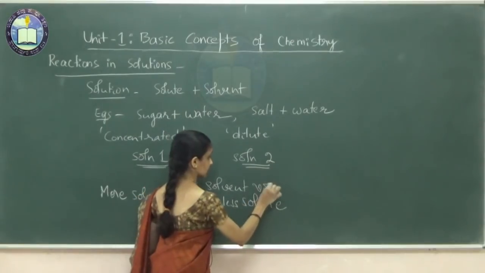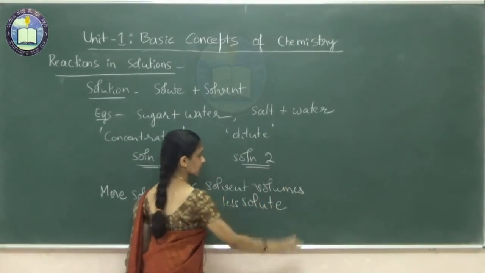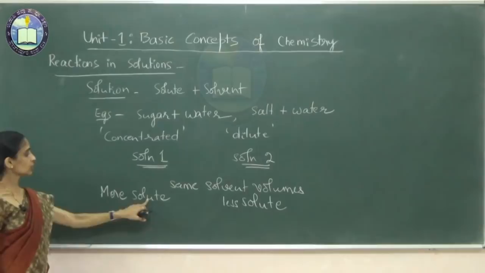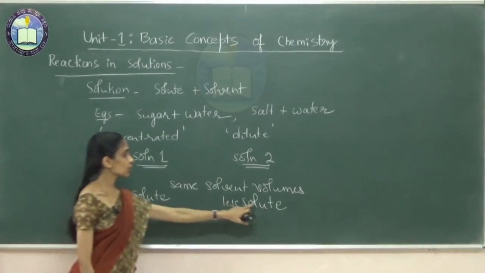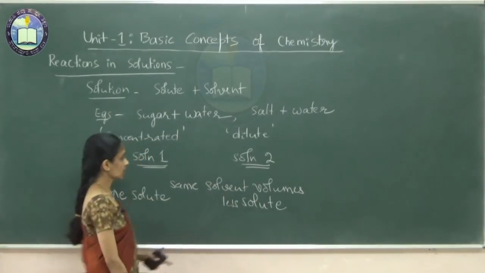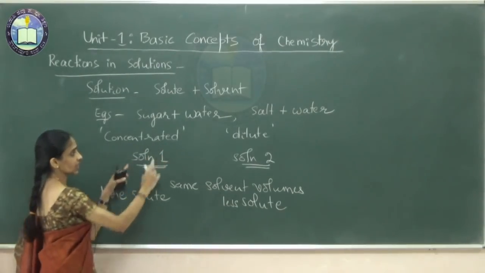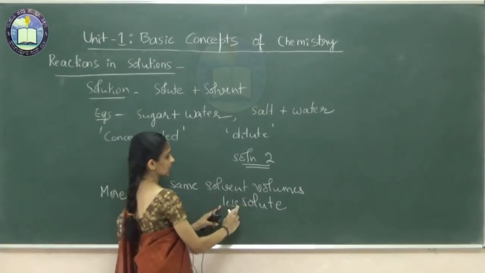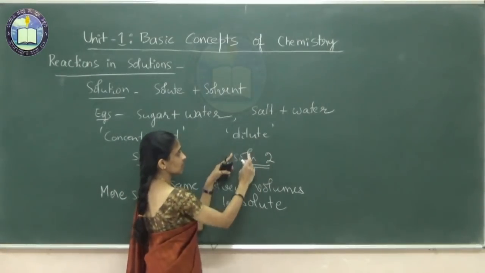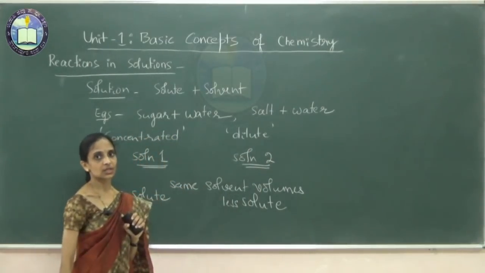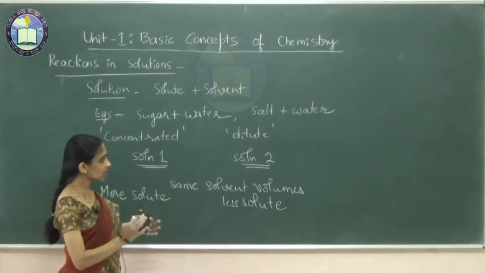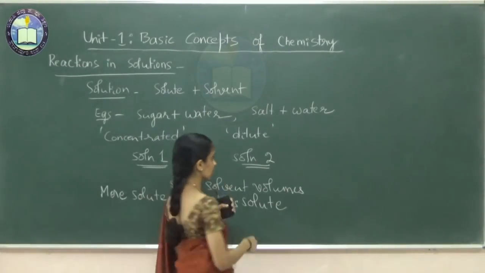The solvent is present in the same volumes, but the solute is more here, the solute is less here. So, now this solution becomes the concentrated solution and this solution becomes the dilute solution. Or it can be even the other way around.